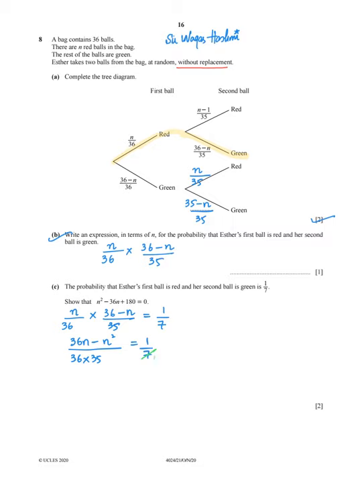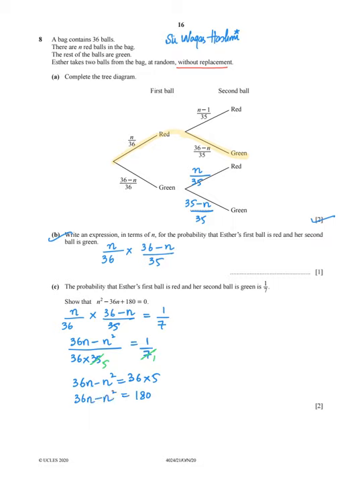So 7 ones are 7 and 7 fives are 35. So now it will be 36n minus n squared equals 36 times 5, and 36 times 5 equals 180, and it's 36n minus n squared, right?